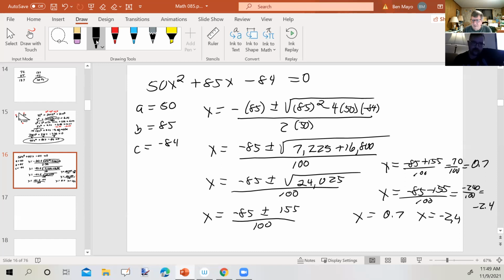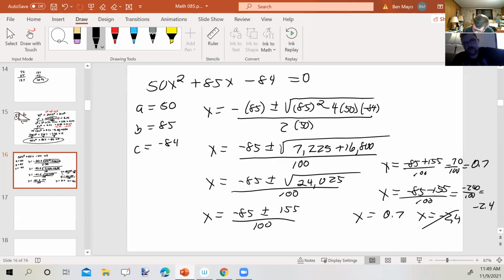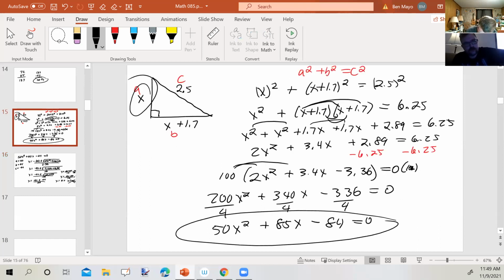However, just like the last example, x is a distance, so x can't be negative. Now, that doesn't mean that every time we solve the quadratic formula and we get 2 answers, we throw out a negative answer. This is an application applied to a distance, so it can't be negative. So it's got to be 0.7.